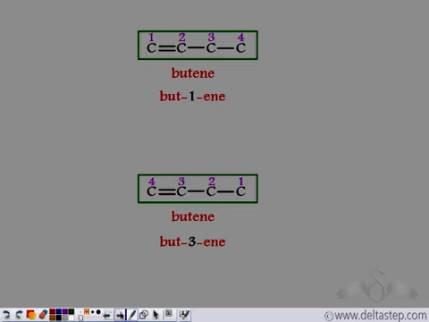By remembering the rule that we have to give the lowest number to the substituent or the functional group, we know that this is not right. This is wrong, as we have to give the lowest number to the substituent or the functional group in this case. So the functional group should be given number 1 and not number 3. So we always give the lowest number to the functional group.